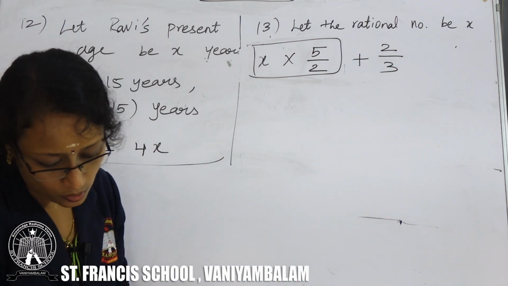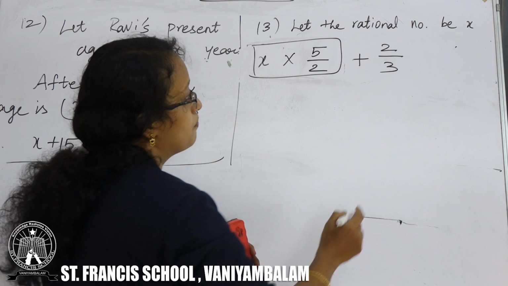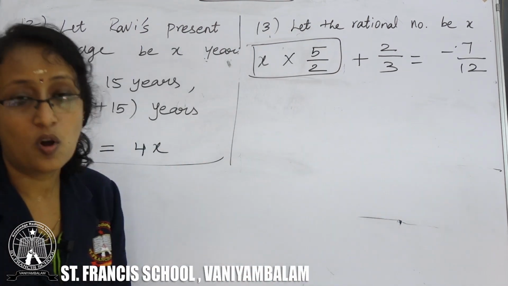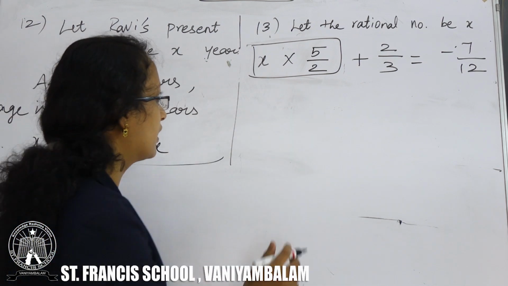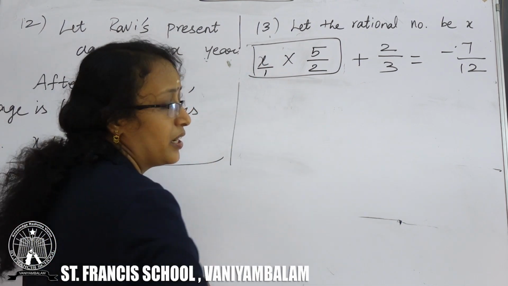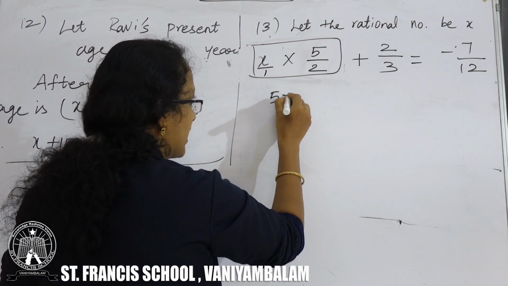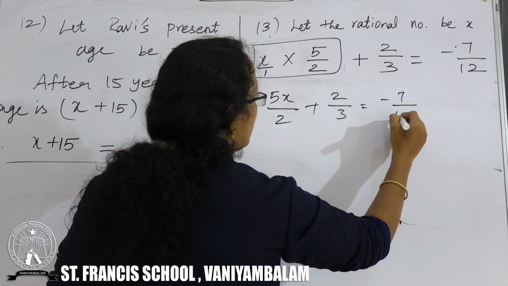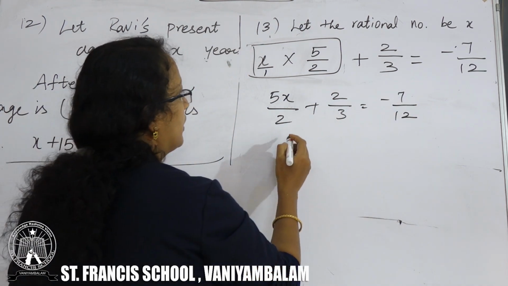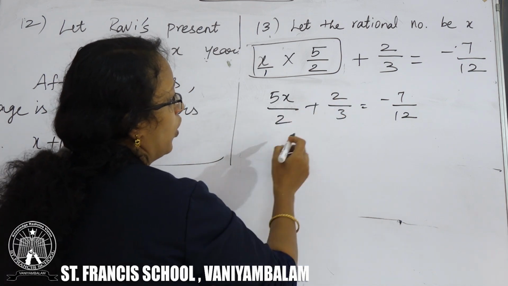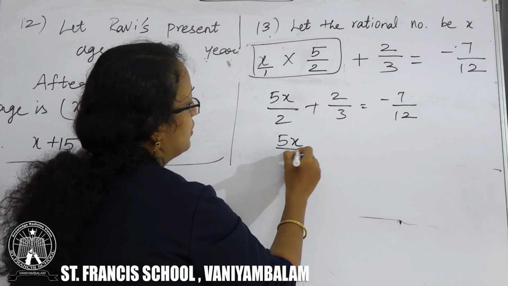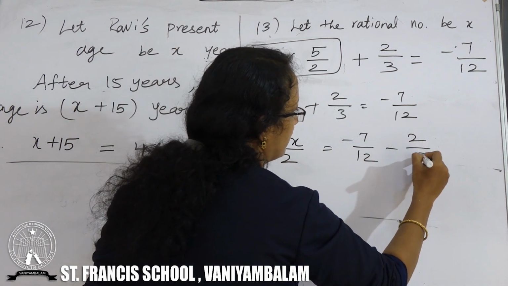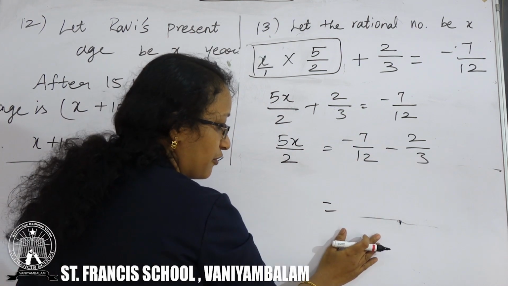You get minus 7 by 12. So you got the equation: 5x by 2 plus 2 by 3 is equal to minus 7 by 12. Here, 5x by 2 is equal to minus 7 by 12 minus 2 by 3. Cross multiply and you will get the fraction.